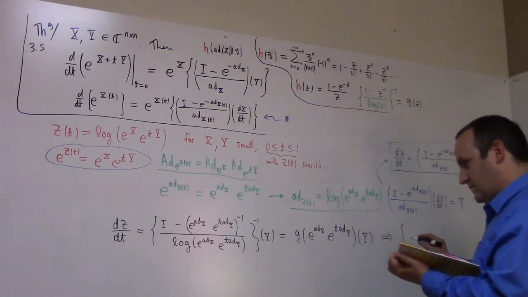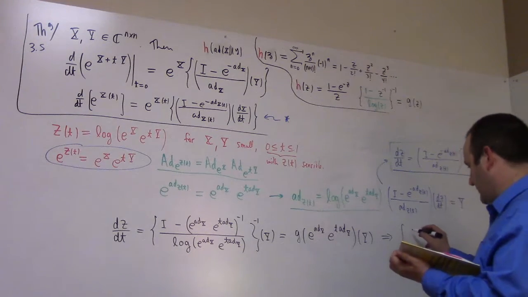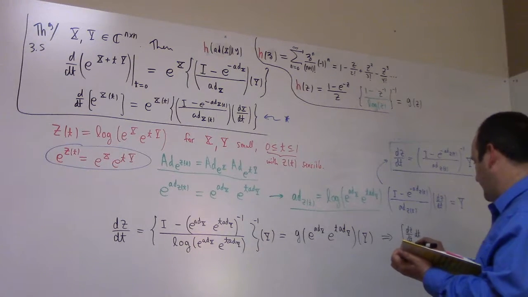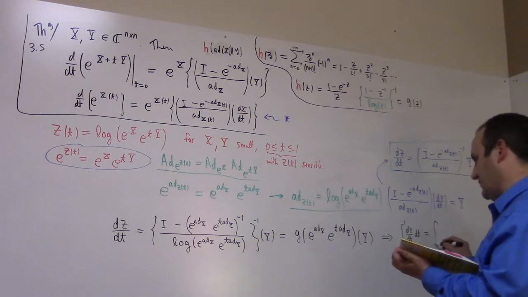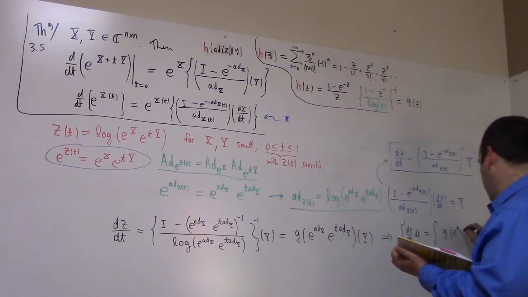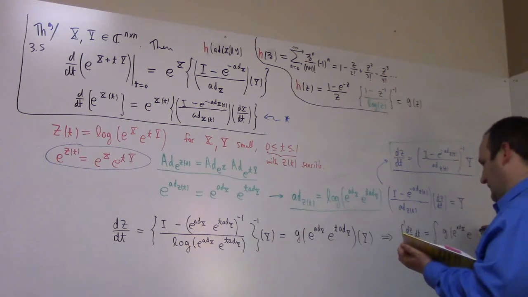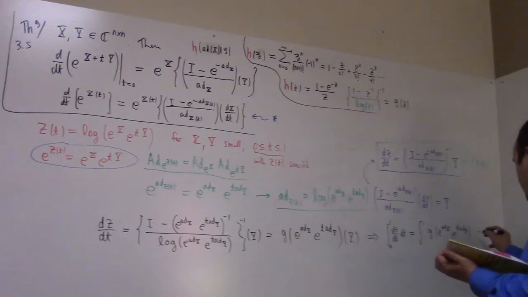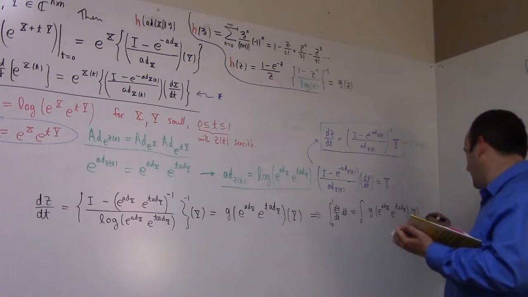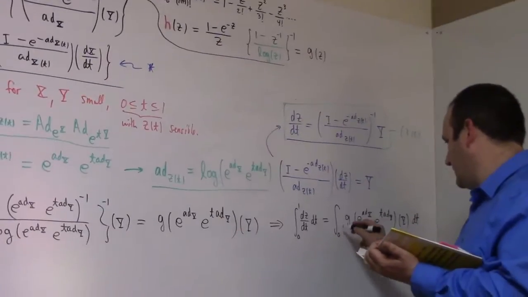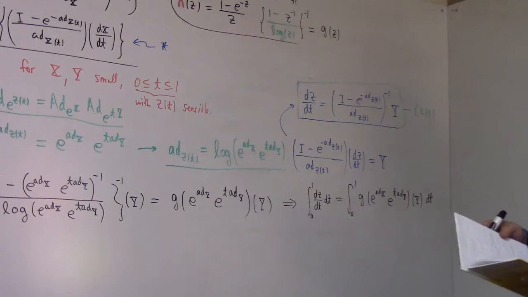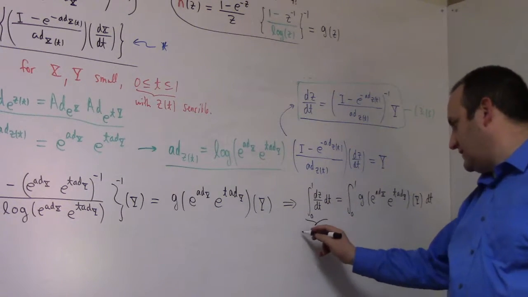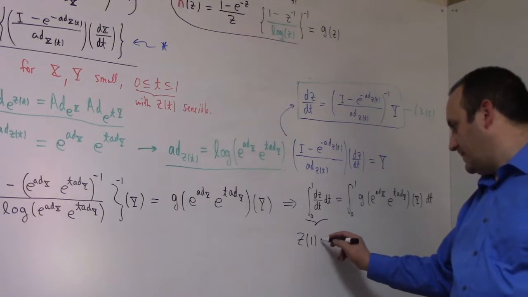So we integrate dz dt from 0 to 1, and that's equal to the integral of G of e to the ad x, e to the t ad y, acting on y, dt from 0 to 1. Nothing really I can do about the right-hand side except cry. And the left-hand side, that's exactly z of 1 minus z of 0.